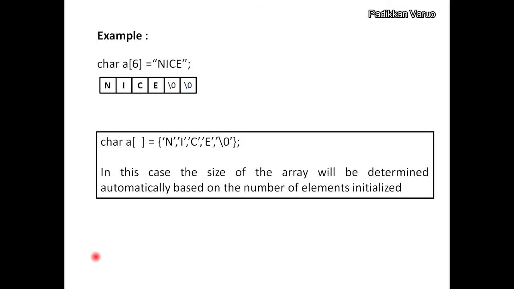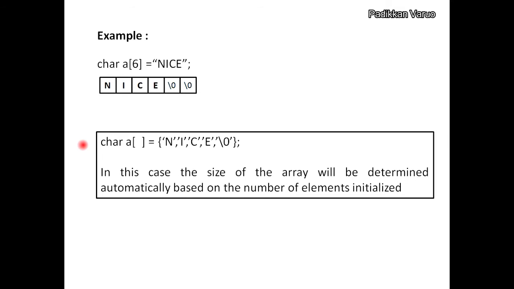Okay. This is an example of the string declaration. Here I have an array with 6 locations, and I am initializing a string into it. See, I am declaring a string with the data type char. That's why char is present here. So this is how it will be represented, like this. Nice.